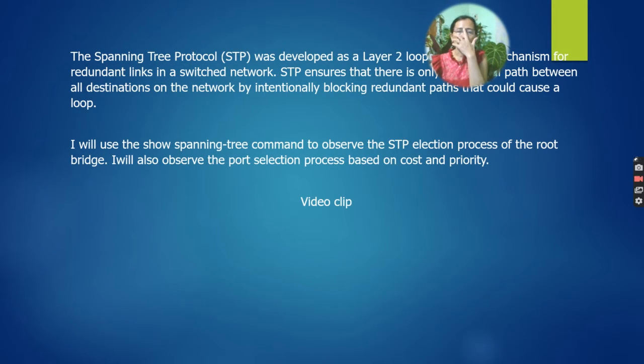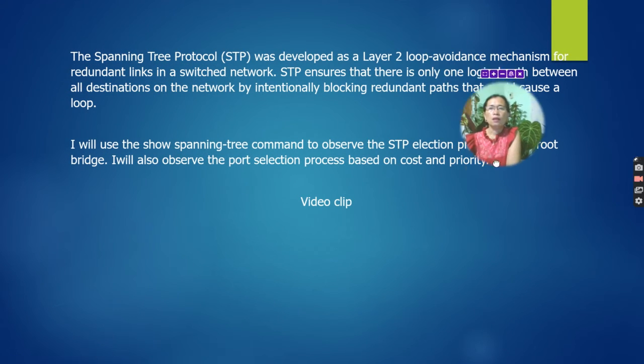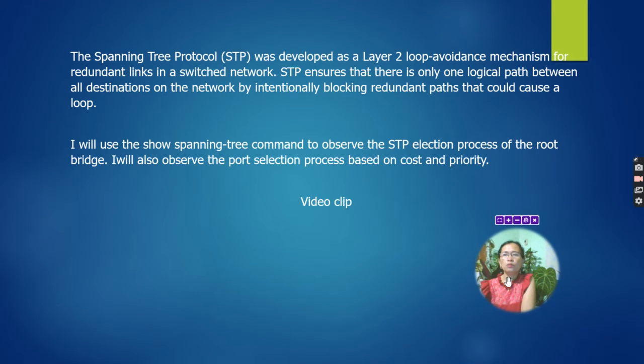The Spanning Tree Protocol (STP) was developed as a layer 2 loop avoidance mechanism for redundant links in a switched network. STP ensures that there is only one logical path between all destinations on the network by intentionally blocking redundant paths that could cause a loop.